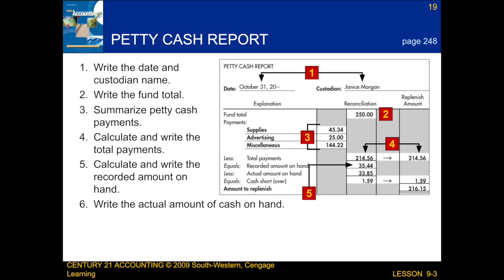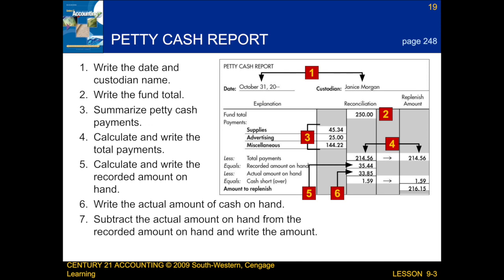Number 6 shows that we write the actual amount of cash on hand. Number 7 shows that we subtract the actual amount on hand from the recorded amount on hand and write the amount. And number 8 shows that we write the total of the replenish amount.